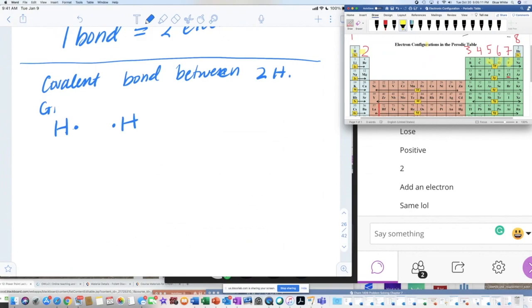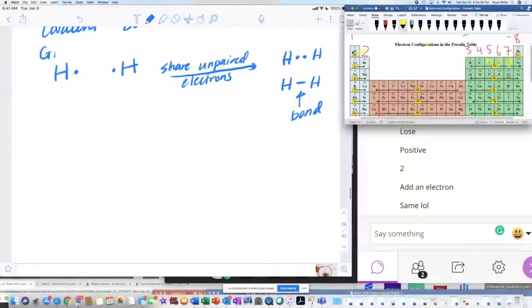So each one has 1 dot according to Lewis, and they share unpaired electrons. So when they do that, they both end up like this, H, like that, and then that shared electron pair becomes a bond. And this is how a covalent bond is formed, and it's showing you the formula as H2.